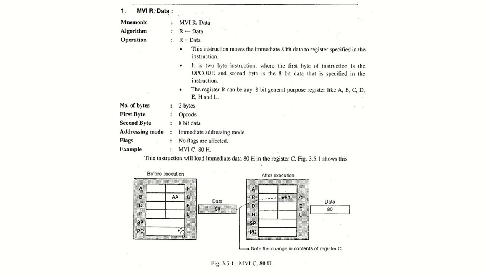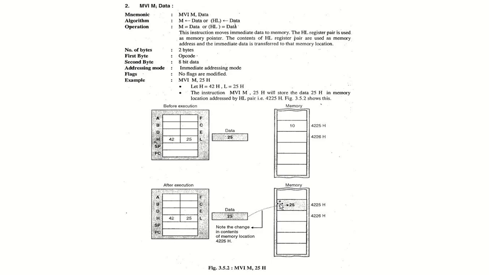Stack pointer and program counter are also empty. And at C we have some data or opcode. Then after execution, this data is getting transferred to the register C. We are getting 80H in the register C. So that's what MVI r, data does.